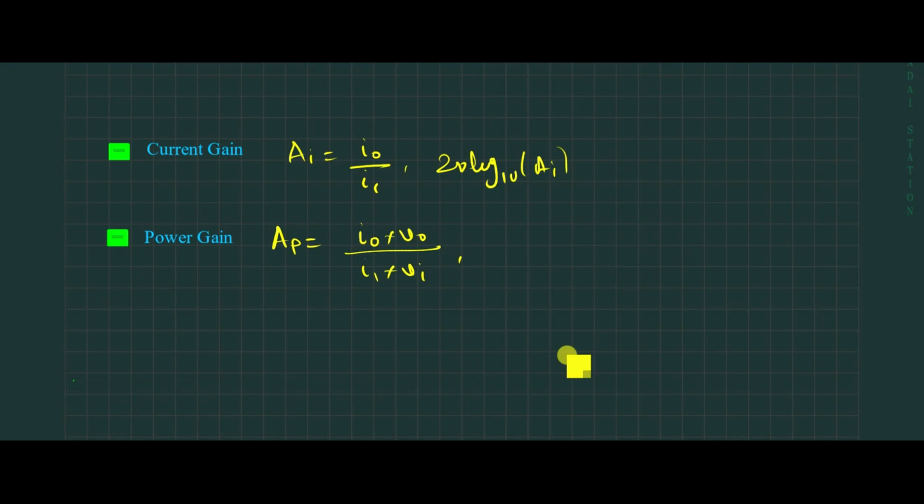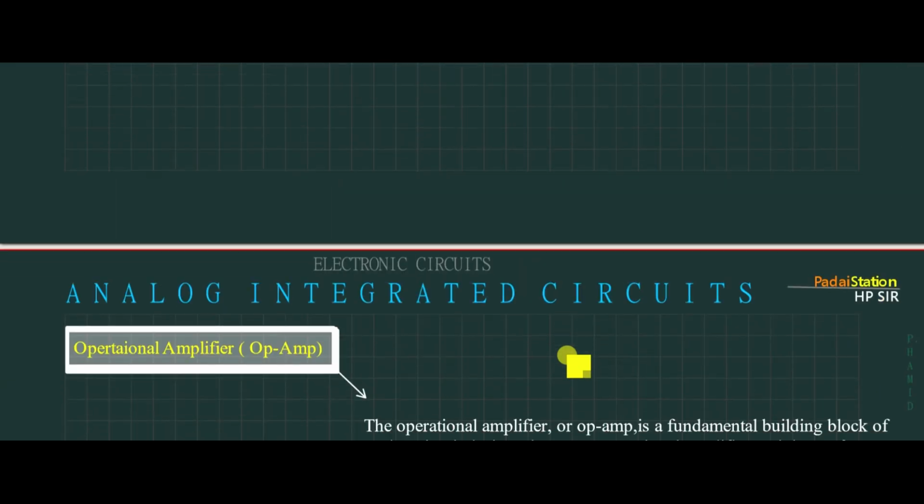Now here starts the operational amplifier introduction. What is an op-amp? The operational amplifier, op-amp, is a fundamental building block of analog circuit design.